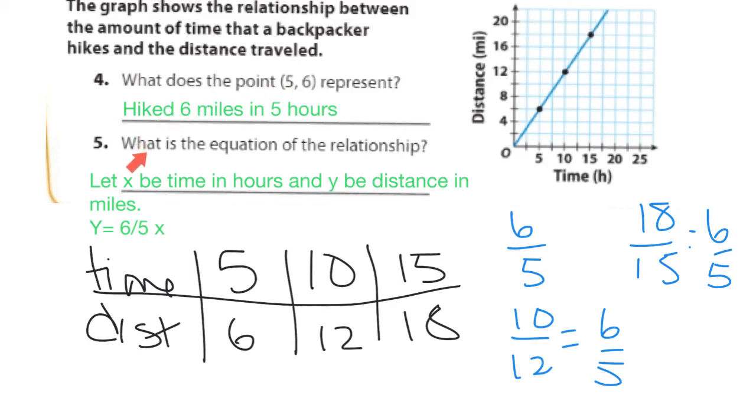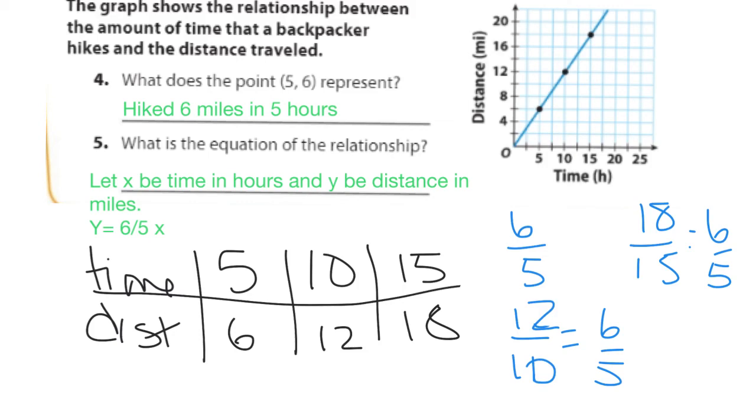For the equation, I made a table based upon the points that they had on the graph. I used those points. Then I took them and used the reciprocal. So 6 over 5 stays the same. 12 over 10. Oh, wait, I messed that one up. How embarrassing. Let me fix that. 12 over 10.